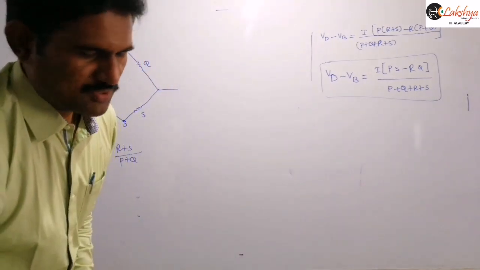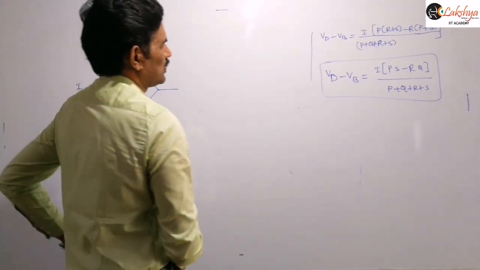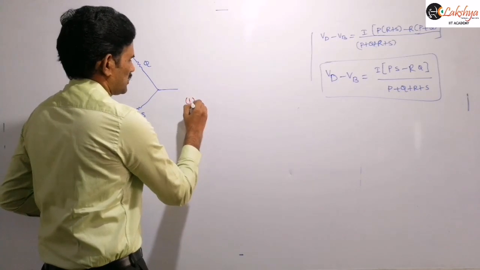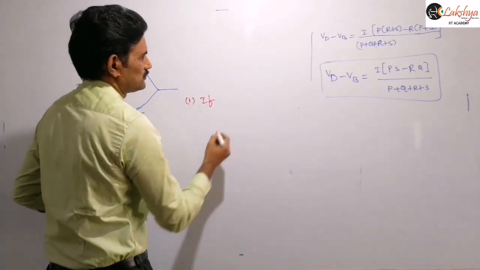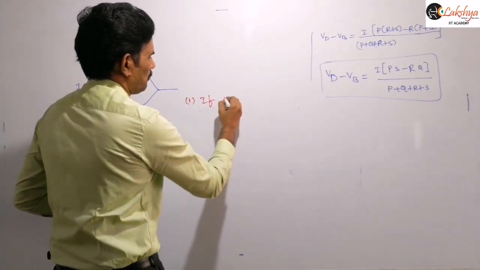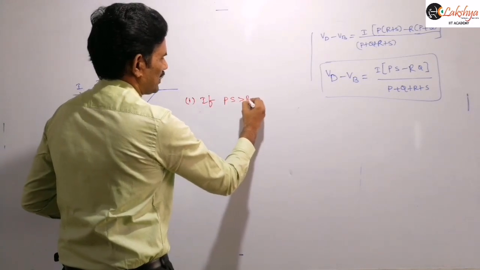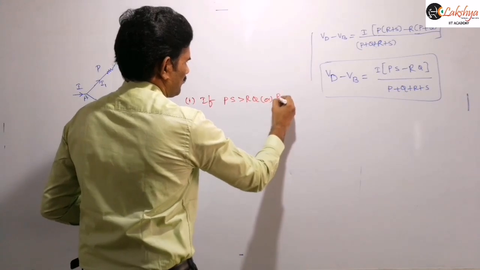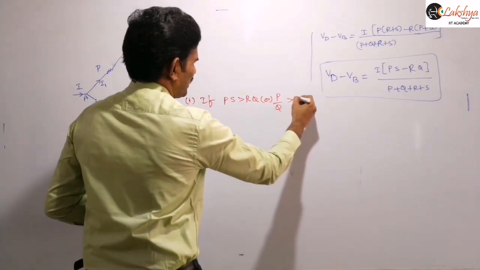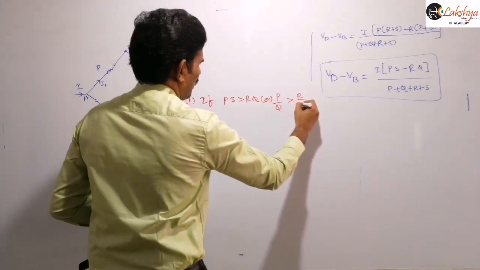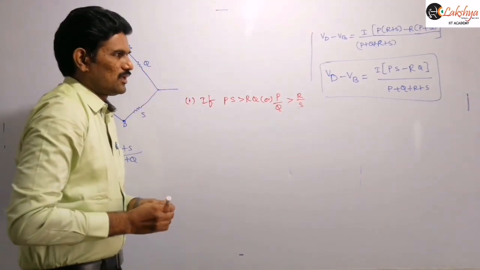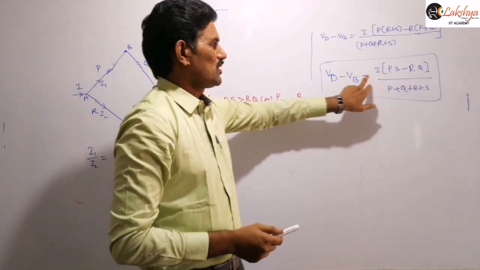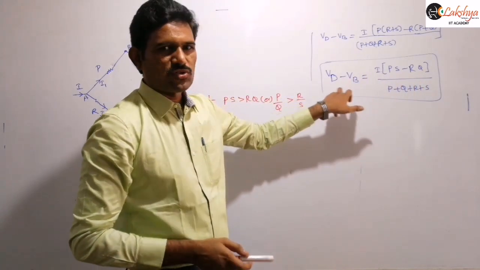And so now here I am taking the conditions. Let us say the first condition, if PS is greater than RQ, or you can also mention this as P by Q is greater than R by S, right? Then from this equation you can conclude that if PS value is greater than RQ, then this value is a positive value.